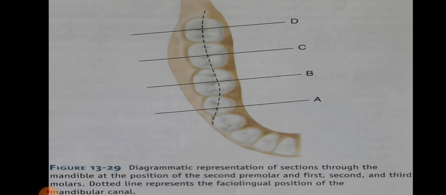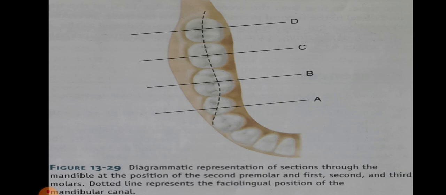Thus, the position of the mandibular canal relative to the apices of the teeth tends to follow the dotted line in figure 13.29.